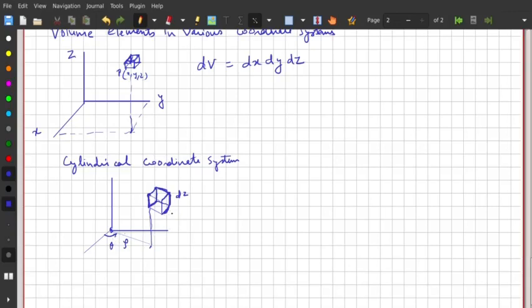So this elementary part will be rho d theta. And this is measuring in the rho direction, so this is d rho. So the dV, the elementary volume, becomes rho d theta dz d rho.